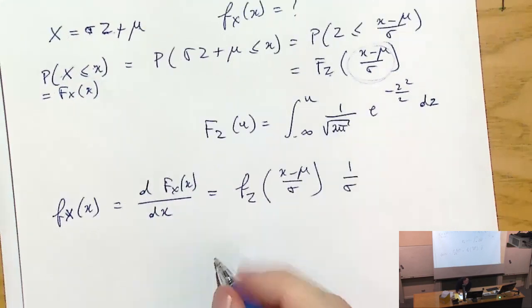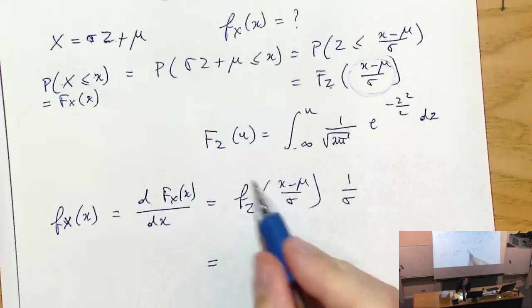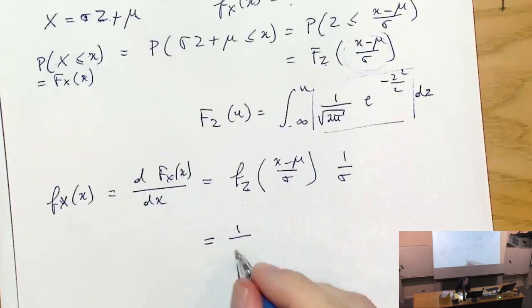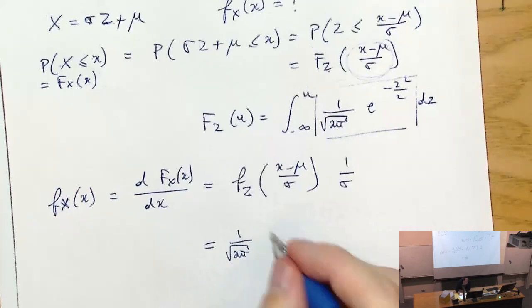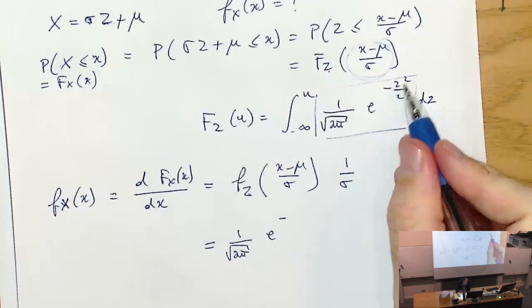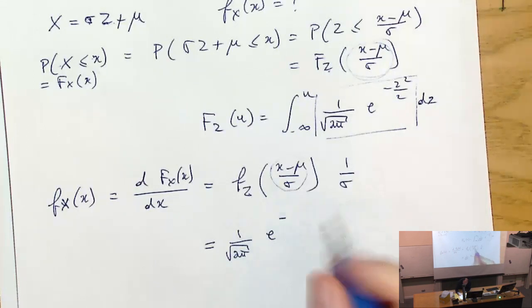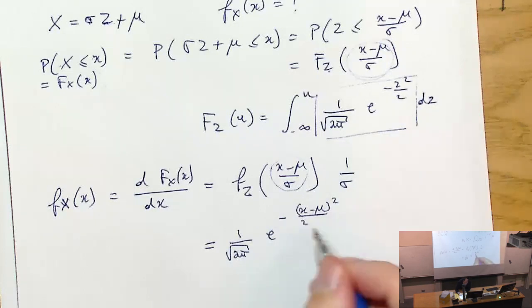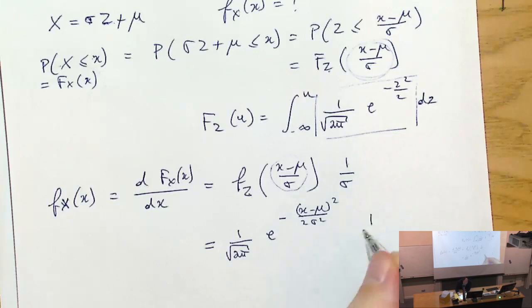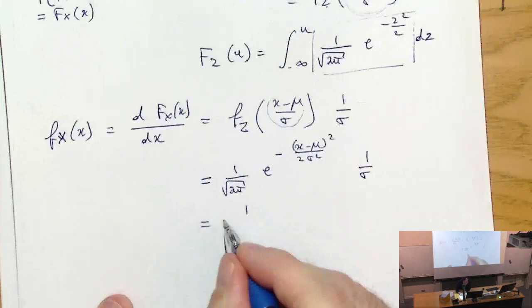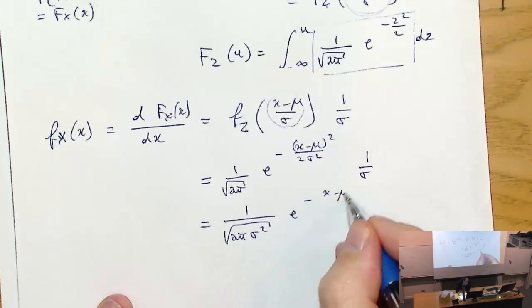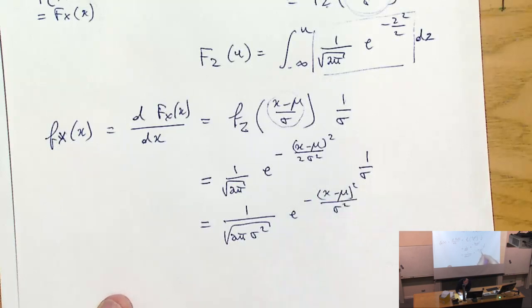And so what do we get? f of z is this argument here, right? So I have 1 over the square root of 2 pi, e to the minus z squared over 2. Z squared becomes this, (x minus mu) squared over 2 sigma squared, with the sigma coming from there. Multiplied by 1 over sigma, this is 1 over the square root of 2 pi sigma squared, e to the minus (x minus mu) squared over 2 sigma squared.